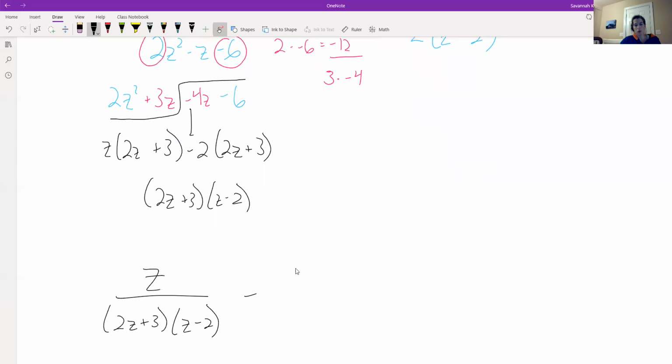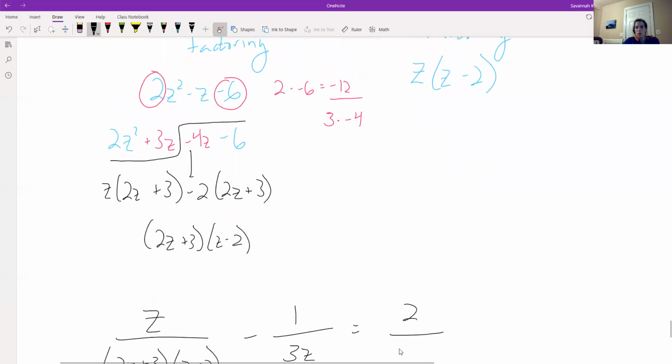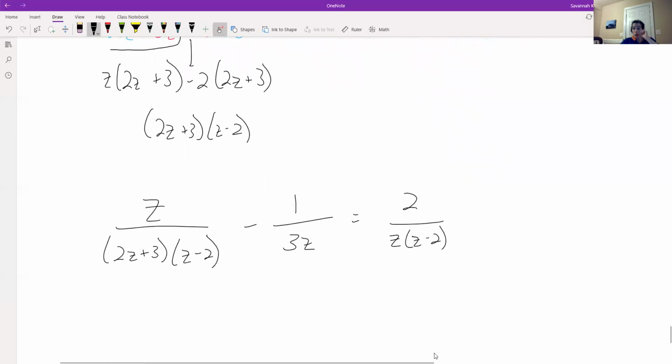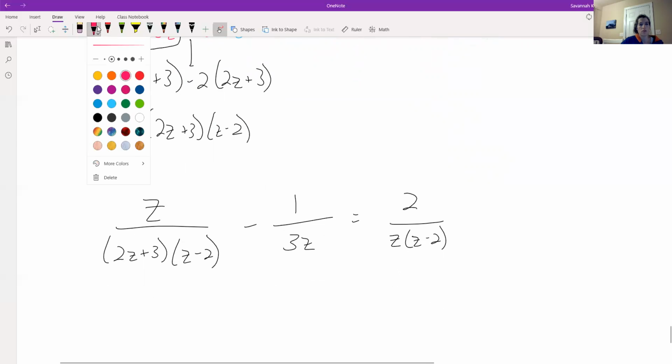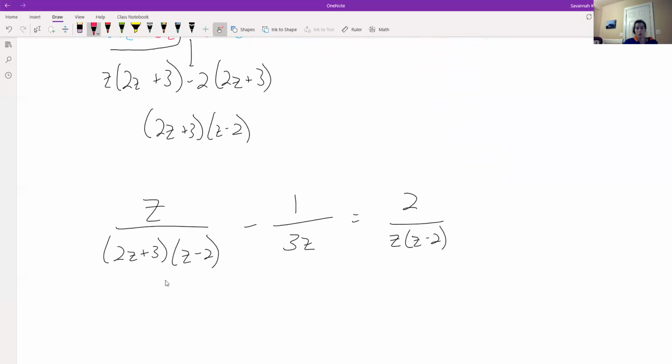We have our middle term, which has not changed. It didn't have any factoring. And then we have our factored right-hand denominator. Okay. So here's the problem in its factored form. Now let's go ahead and check for extraneous solutions. So we're going to just recopy our denominators set equal to 0.